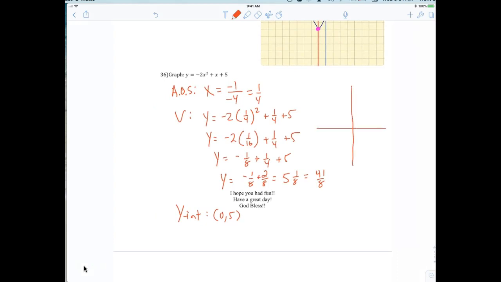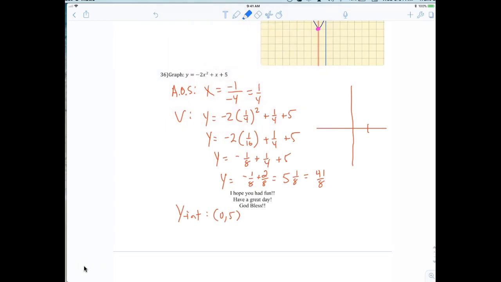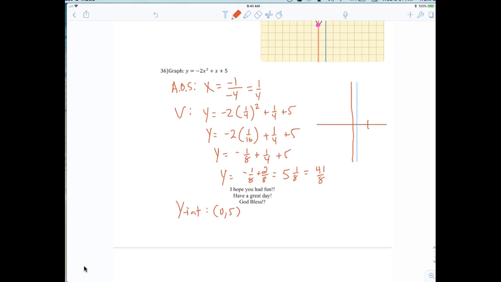All right, so let's just freehand it, kind of like what I did before. If you want to put a graph up there, go for it. So x equals 1/4, which is kind of annoying. So I have to go through x equals 1/4, which would be something like this. Then we plot (1/4, 5 1/8), so I would just mark up here 5 1/8.